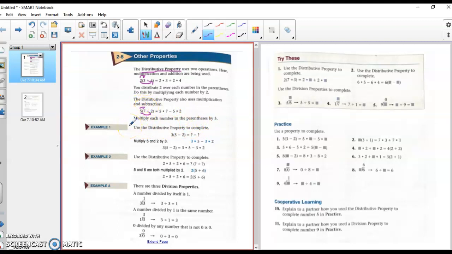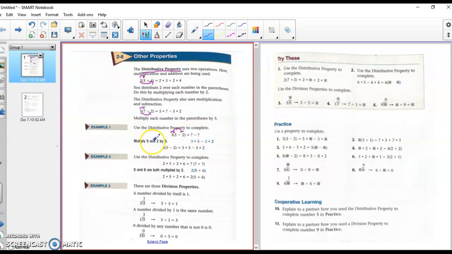Example number 1, use the distributive property to complete. So you're going to do 3 times the first number, which is going to be 5, okay? And then you are going to multiply 3 times 2. And notice they have a question mark and a question mark. So there's 2 things missing here.